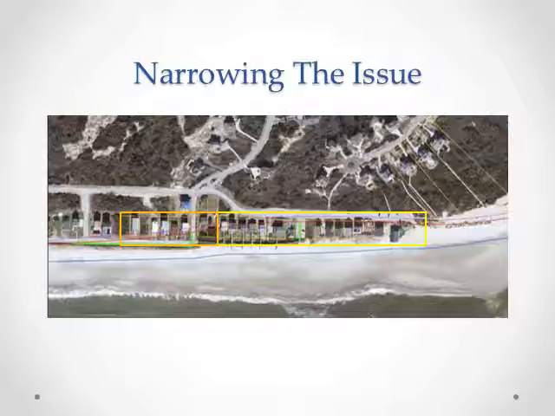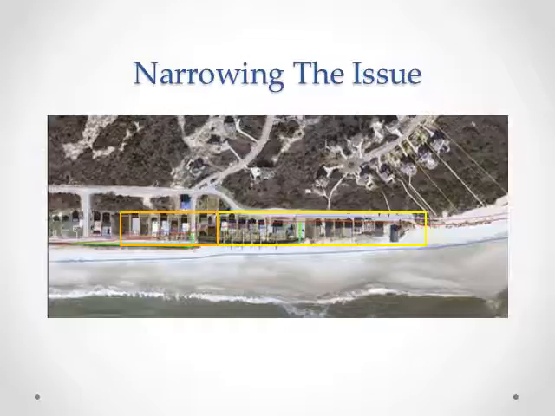If you acknowledge that some of these houses are not going to be protected, then you can ask a narrower question. You can look at different alternatives, and that hasn't been done in this EIS. So this is the real issue here.